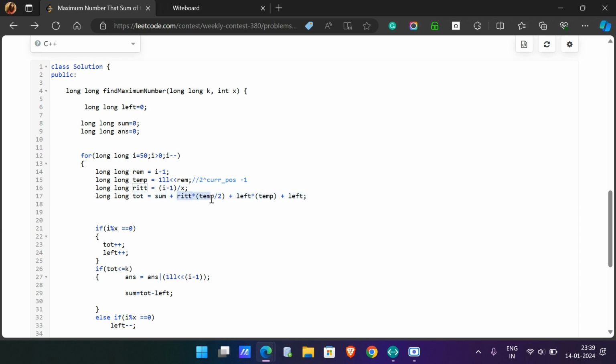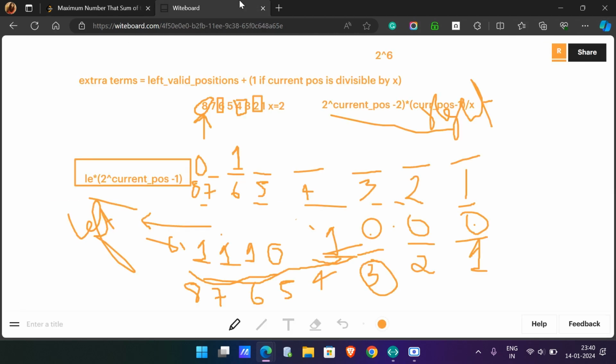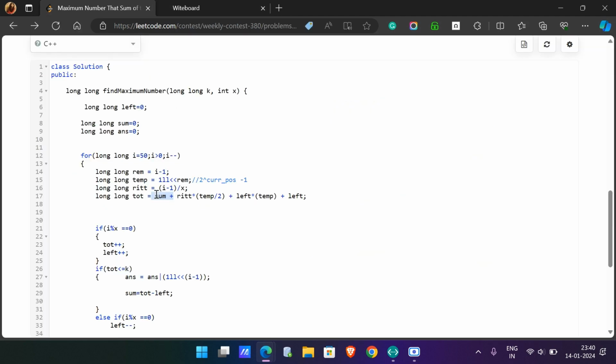So I'm multiplying it by right, that is the right term, and this is the left term, and this is the previous sum. I have already fixed these integers, but what was the sum when these integers were 0? That was the previous sum, because I have already fixed 1 to this.